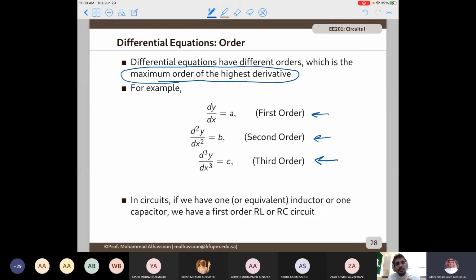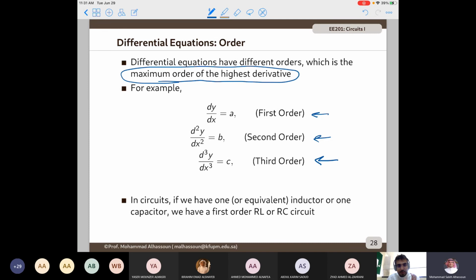So in circuit analysis, if we have a resistor and a capacitor, or a resistor and inductor, then we will have a first order differential equation. If we have a resistor, capacitor, and inductor, then we'll have a second order differential equation.